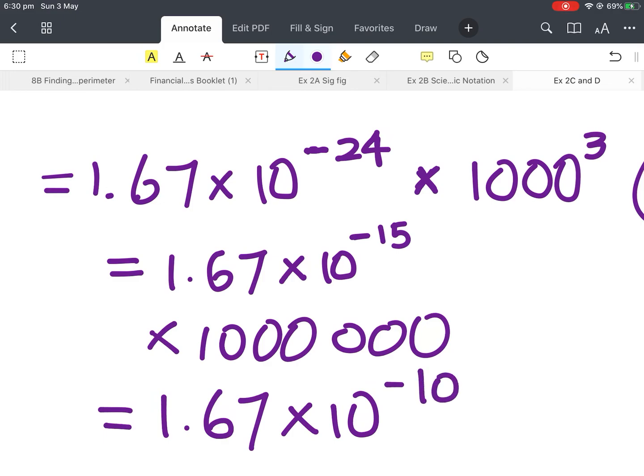Oh, I get 10. That can't be right. All right. Anyway, the answer is to the negative 9. All right. So I'm just going to double check anyway and see what I've done wrong. Okay. Bye.